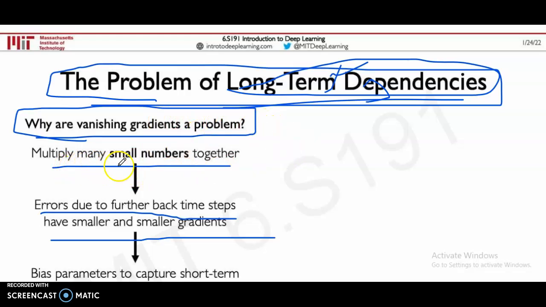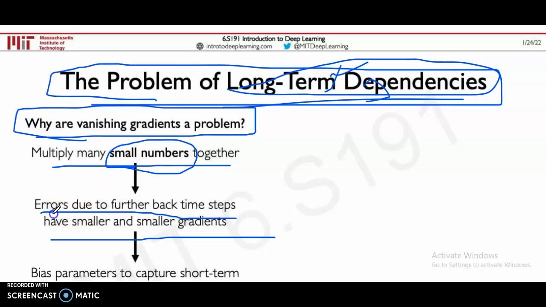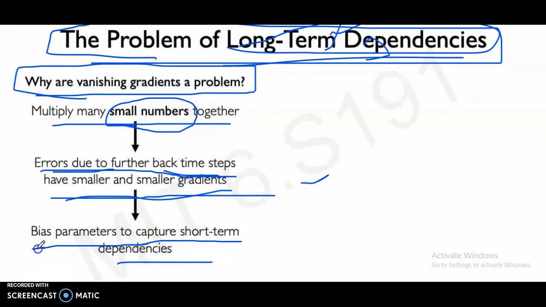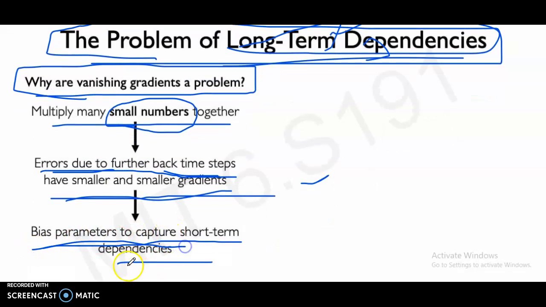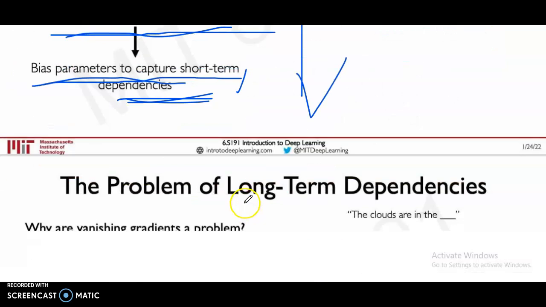Multiplying many small numbers together, errors at further back time steps have smaller gradients. This is the method: small numbers, then forming here, then another one finally. Bias parameters to capture short-term dependencies.